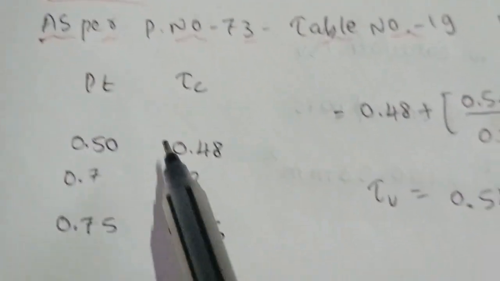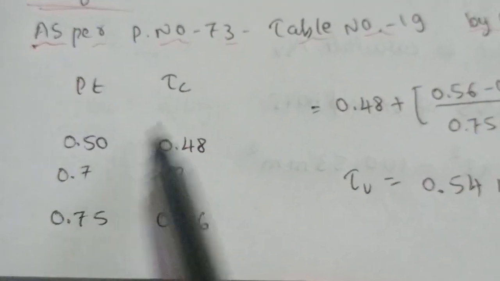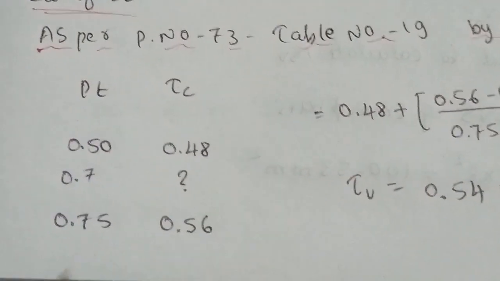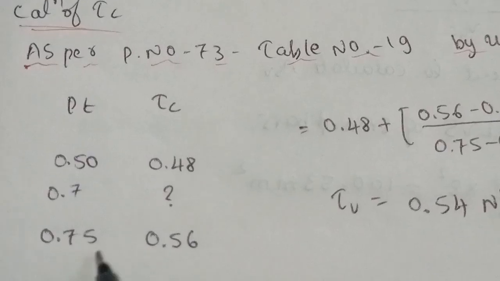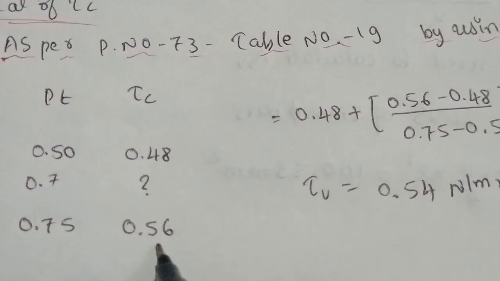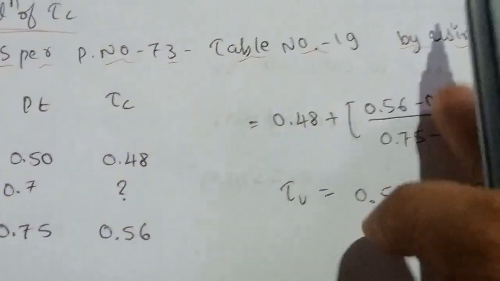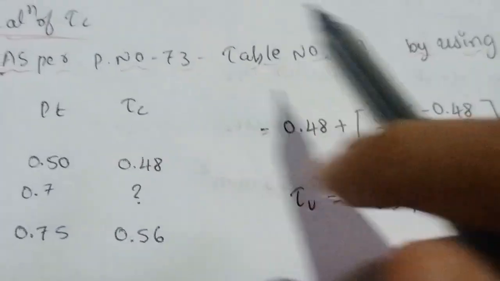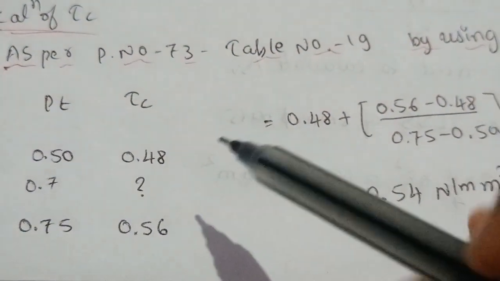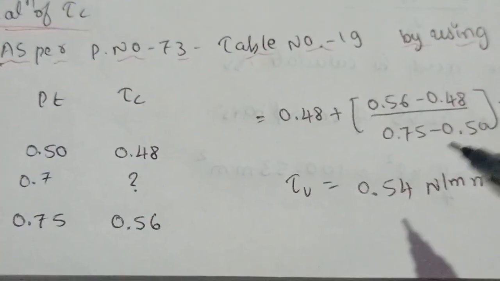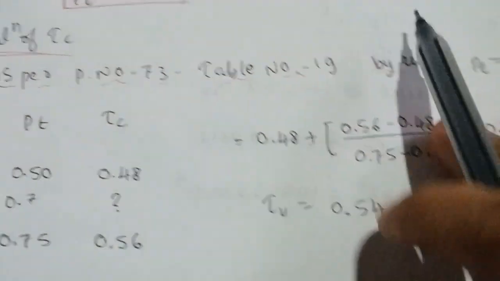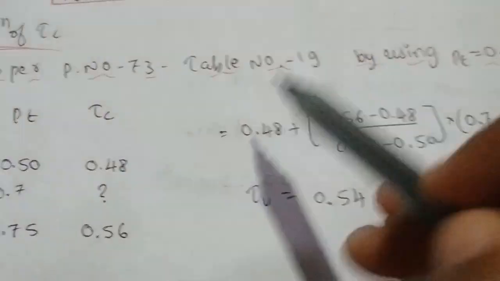So I will show here. For 0.50 we have the tau c value 0.48, and for 0.75 we have the value 0.56. By the interpolation method, we will calculate the tau c value. I will show how to do that.